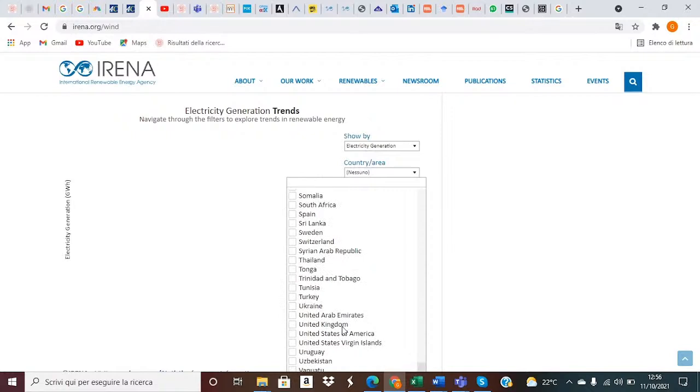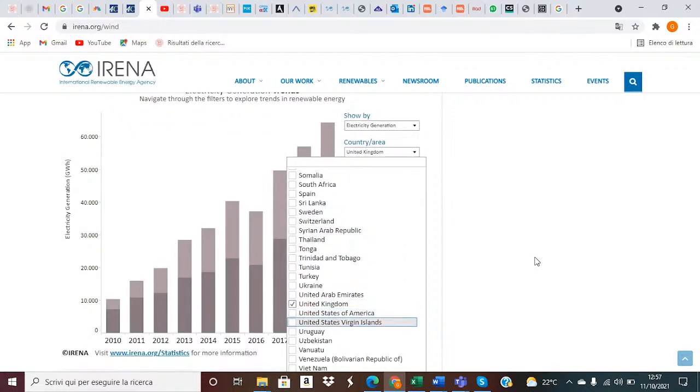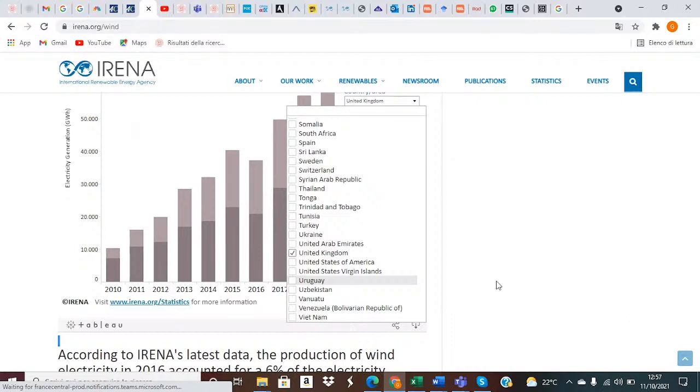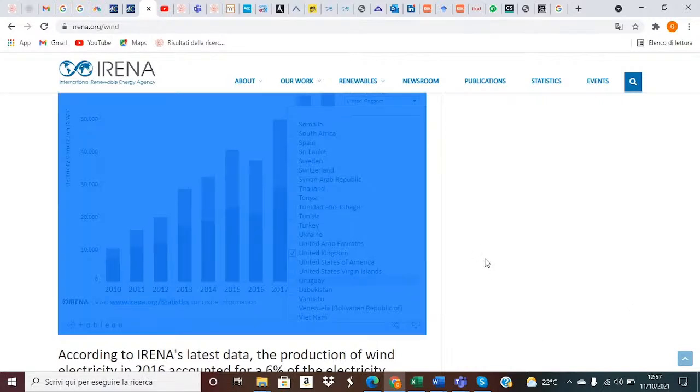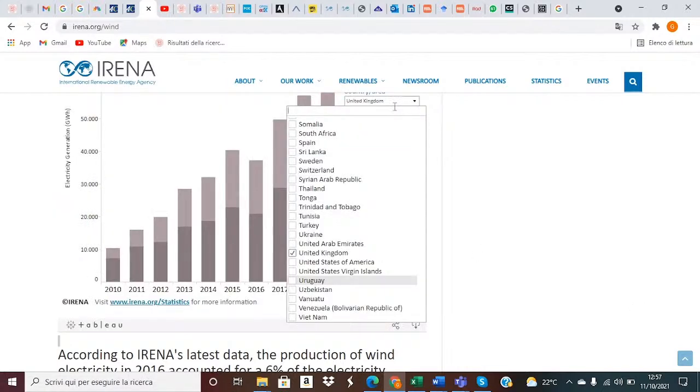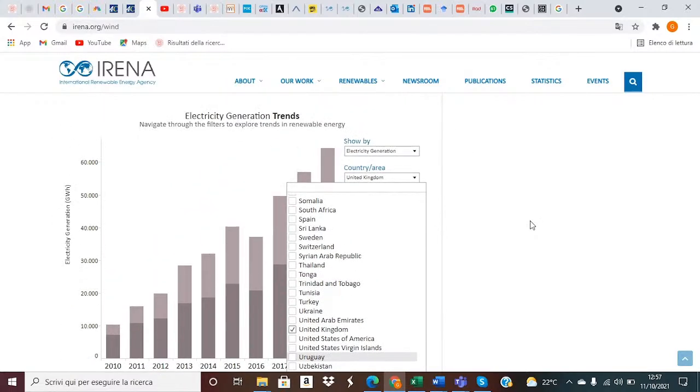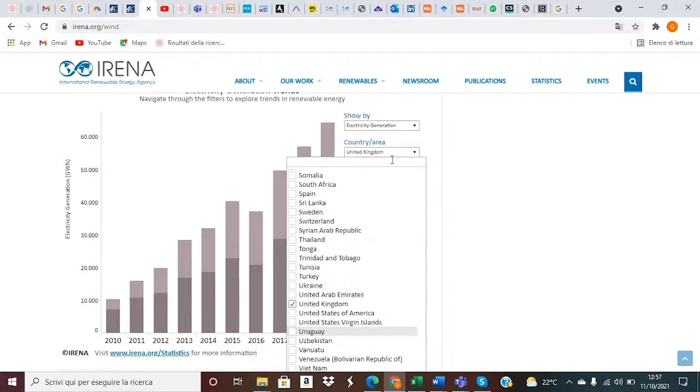Allora, United Kingdom, ok. Se fosse corretto, se riuscissi a levare... Tu stai vedendo, no? Sì, io sto vedendo. Non riesco a levare questo riquadro in cui mi fa vedere tutti i paesi.